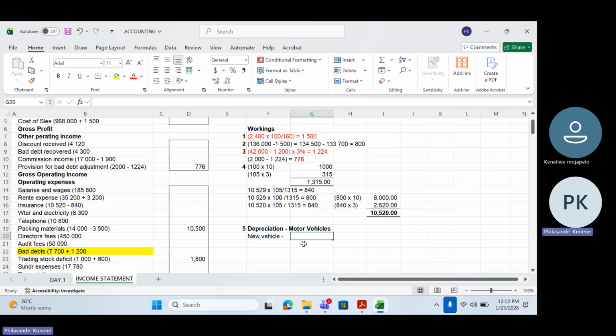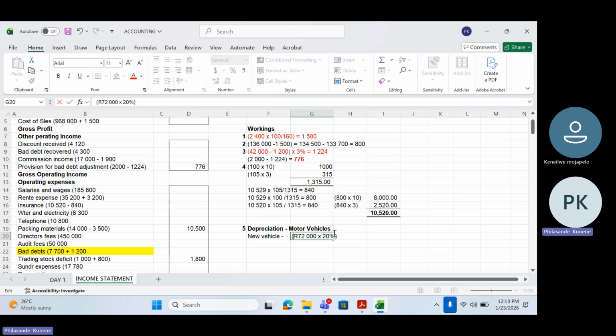So which means now I'm going to say 72,000 rand, and then I say times, multiply by, they said 20%, right? 20%. Okay. And then after that, I'm going to say multiply by 4/12.